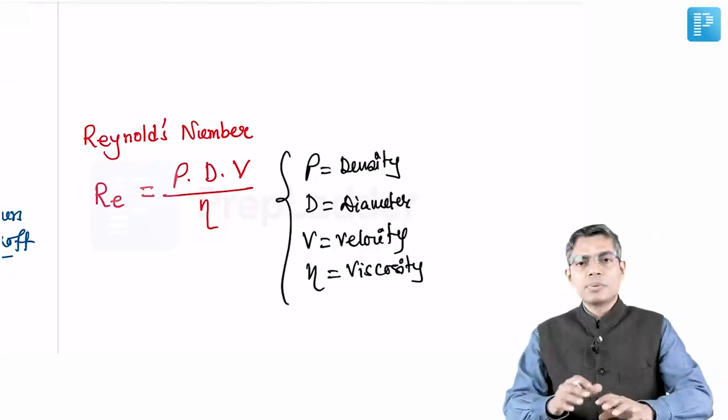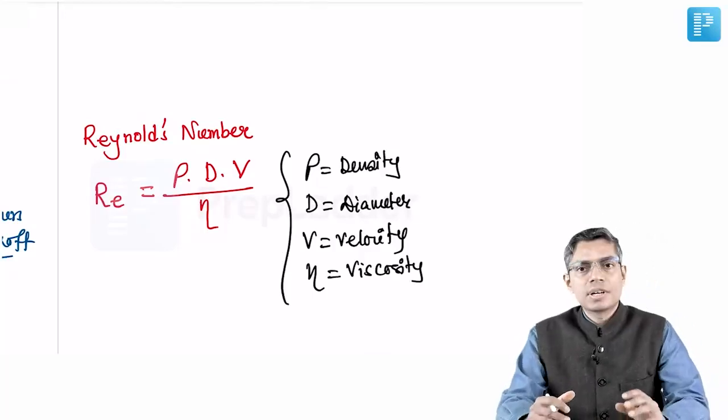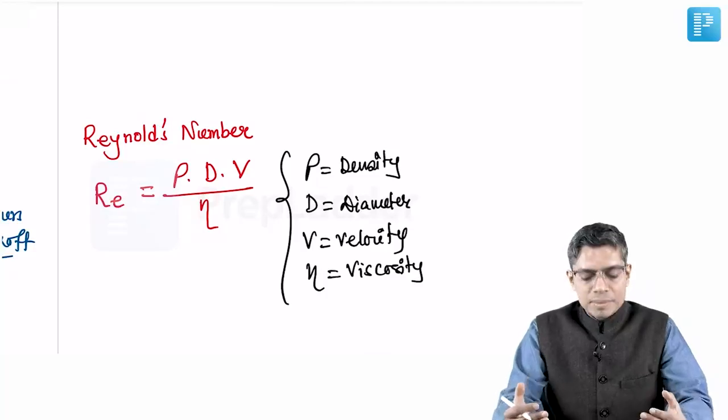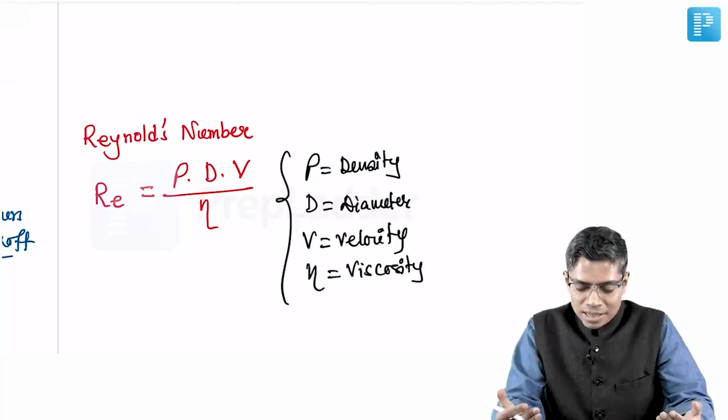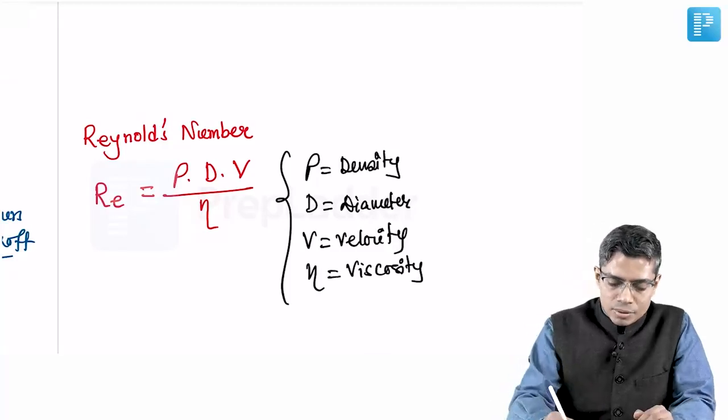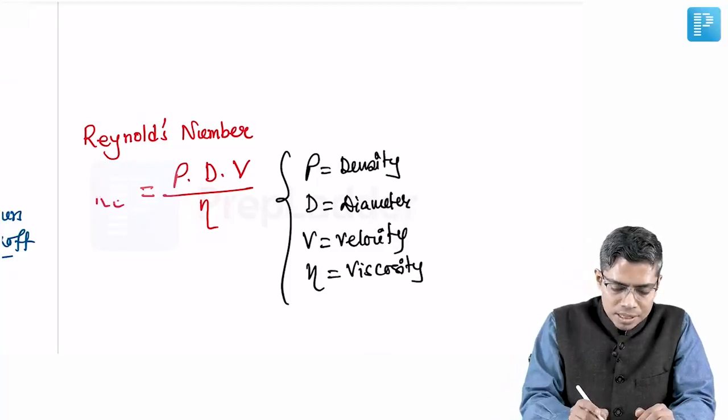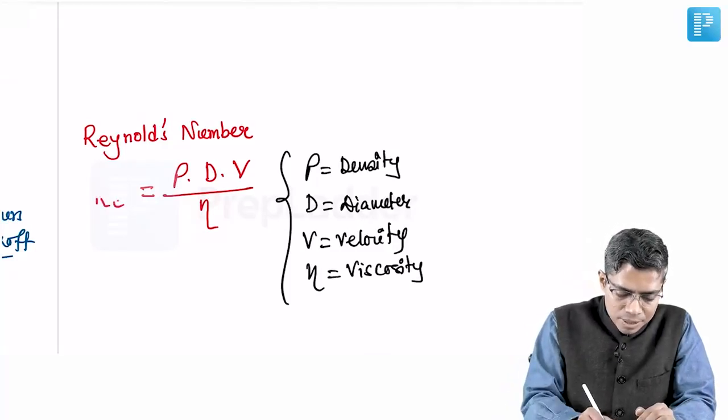If you put all of these in, you are going to get a number. This number is known as the Reynolds number, right?